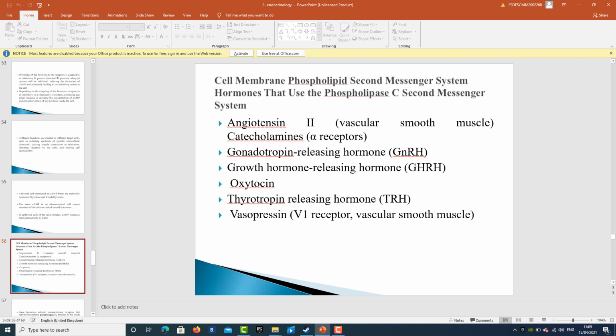Now the cell membrane phospholipid second messenger system. Hormones that use the phospholipase C second messenger system are angiotensin 2, catecholamines, gonadotropin releasing hormone, growth hormone releasing hormone, oxytocin, thyrotropin releasing hormone, and vasopressin.